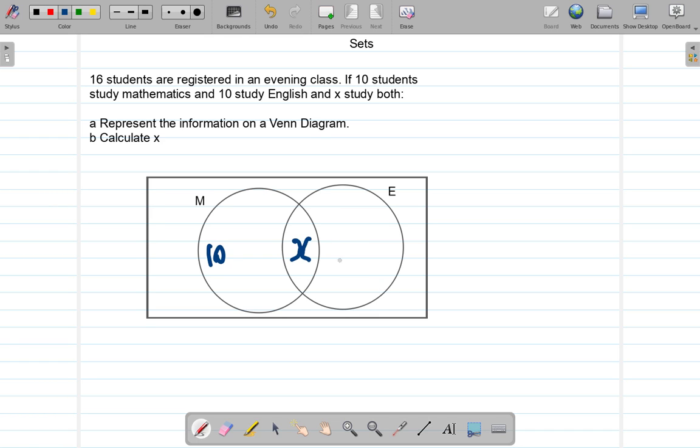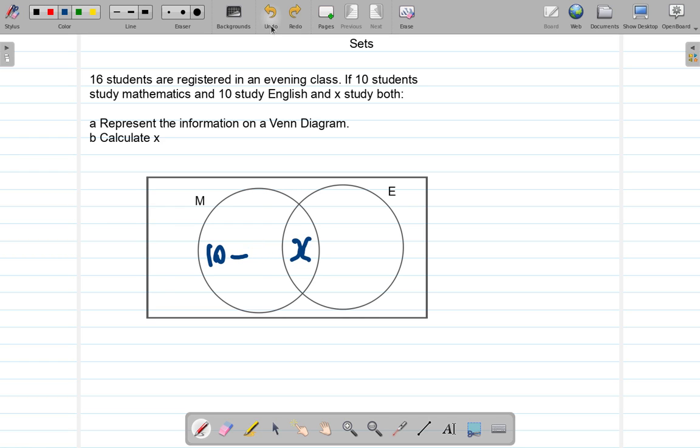No. If you wrote just 10 alone here, you would have lost marks. If you do it in exam, you would lose marks. Because whatever X is, you would be saying that the number who are doing maths is 10 plus X. You already had X out of the 10, so you must minus X at this point.